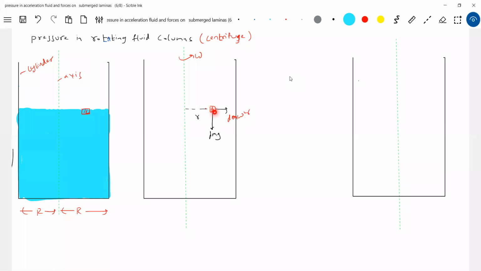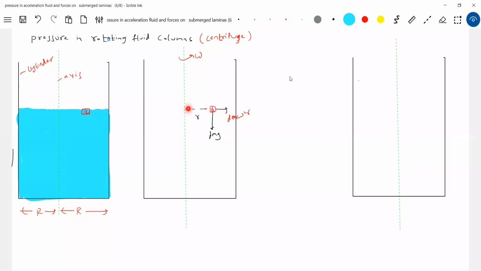And the resultant force, I think initially here, the resultant force will be downward. As I start moving away, the resultant force will start rotating away from the axis. So here it will be like this. If you choose a particle here, this will have the maximum centrifugal force and dmg. And the weight will be vertical. Than the maximum centrifugal, the resultant force will be somewhere more towards the centrifugal force here.